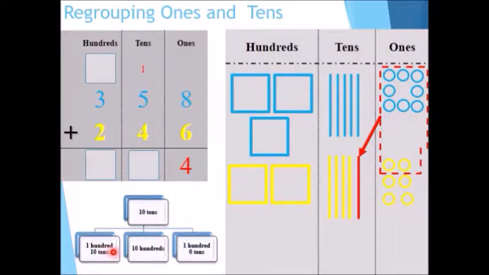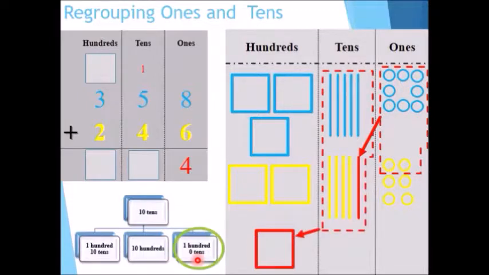Is it 10 tens? Is it 10 hundreds? Or is it 100 and 0 tens? Correct, it's 100 and 0 tens. We have one group of 10 tens. It's regrouped as 100. Are there any tens left in here?